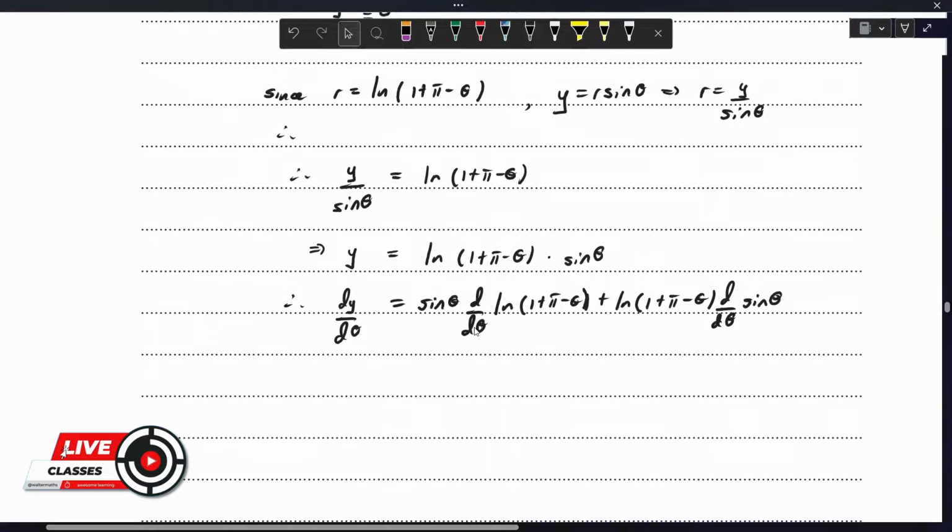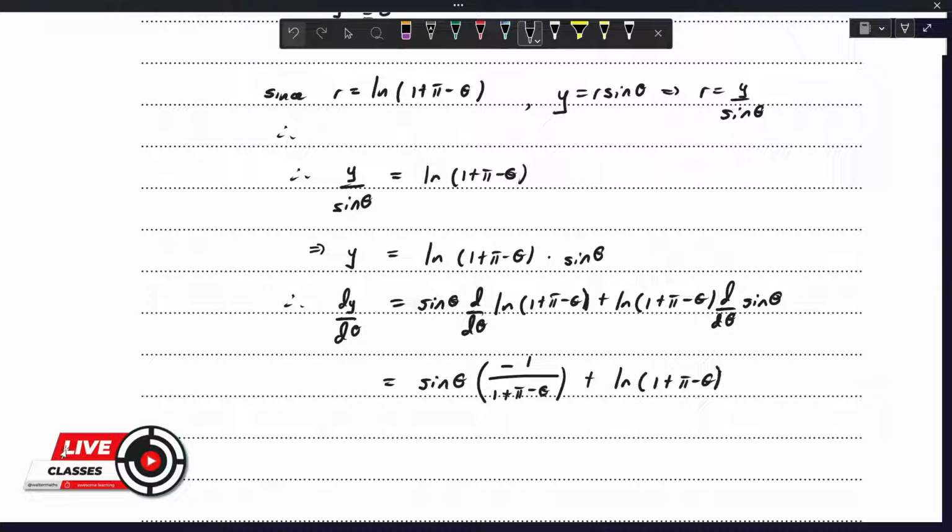Okay, so that's sine theta of differentiating this will give us minus 1 over 1 plus pi minus theta. And that's going to be plus ln of 1 plus pi minus theta of cos theta. Now remember, all this is equal to 0.